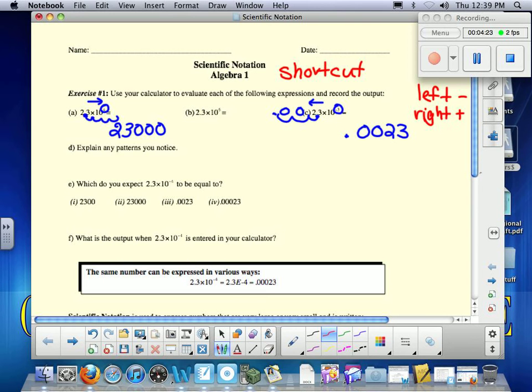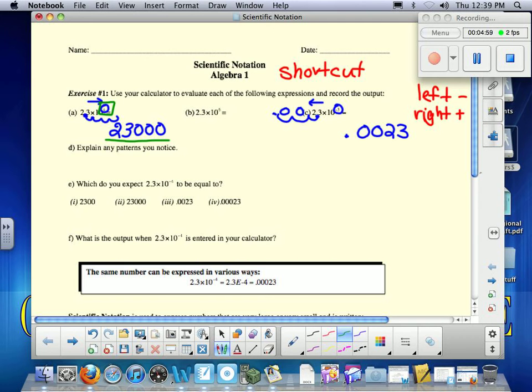So what patterns do we see? Is there any kind of a connection between this exponent and this number? What do you see? You go, the exponent, you go in whichever direction you have to, that many times.